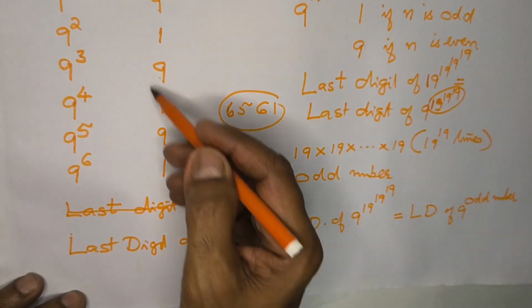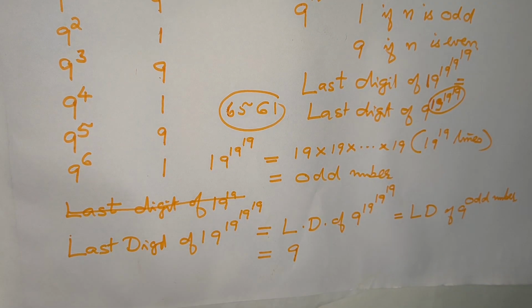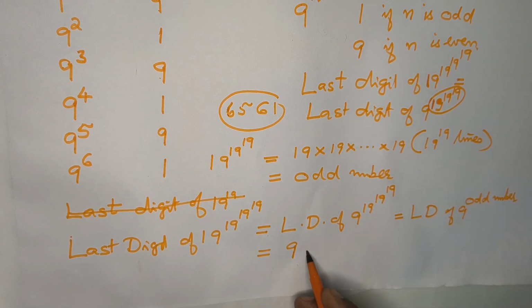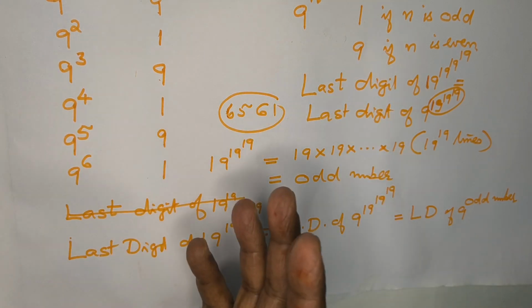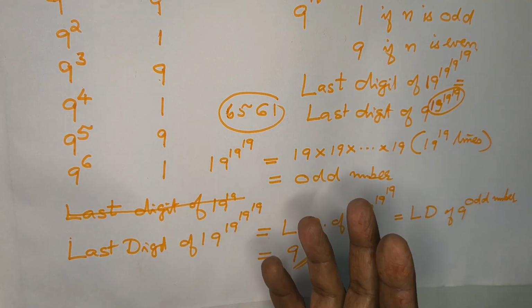Using this idea of powers of 9 resulting in last digit 1 when the power is even and 9 when the power is odd, you can easily write the last digit as 9. This is what I meant. It won't take even 5 seconds provided you know a few basic concepts which I have discussed in the solution.